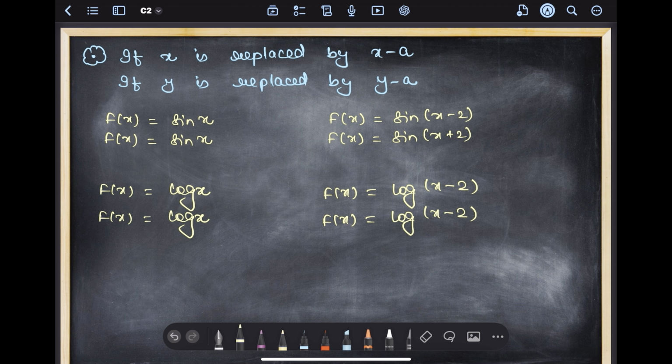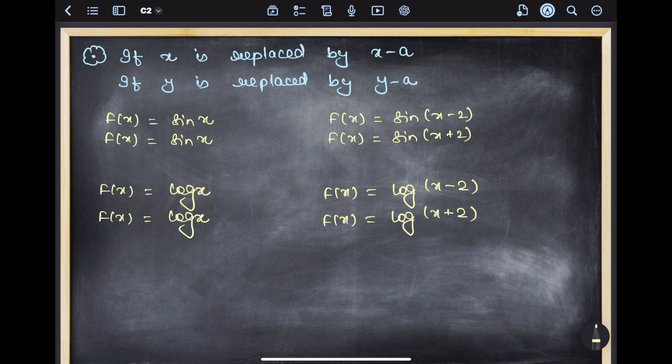Now look at this, because that minus can be anything, no? So what is this? Here a is positive. Look at this, I'm talking about this a. So in place of a I'm writing 2, so a is positive.